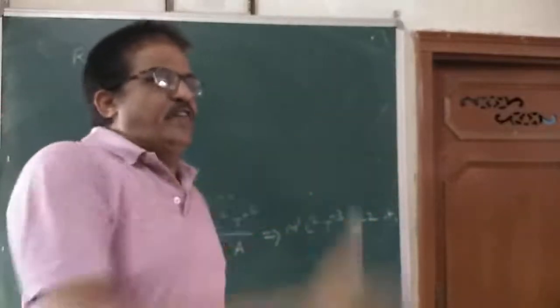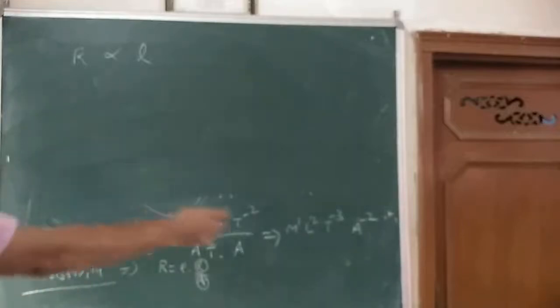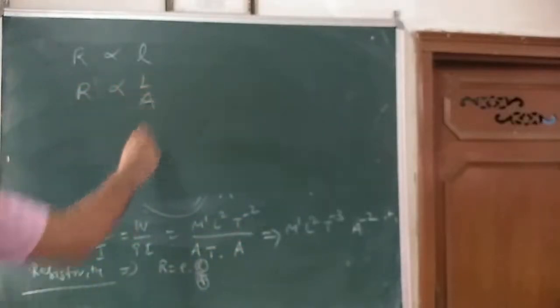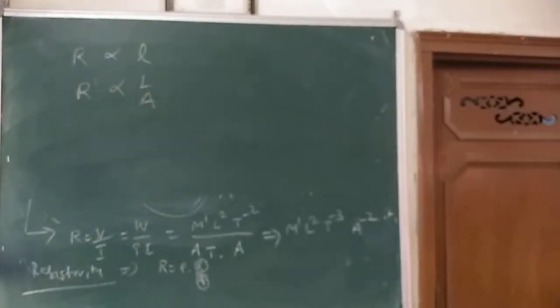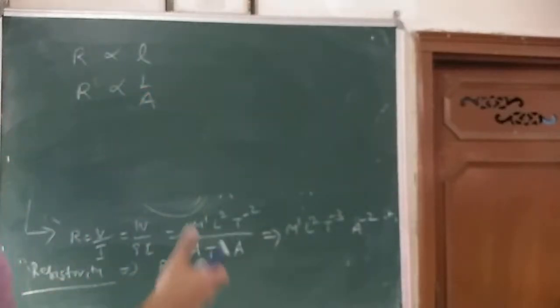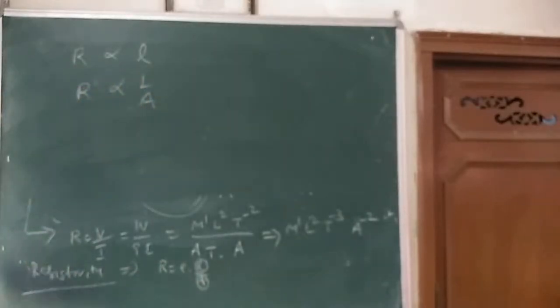As you increase the length, the resistance of that conductor keeps increasing. Second one is R is proportional to 1 by A, the area of cross section. Resistance of a conductor is inversely proportional to the area of cross section. The greater the area of cross section, the lower the resistance.